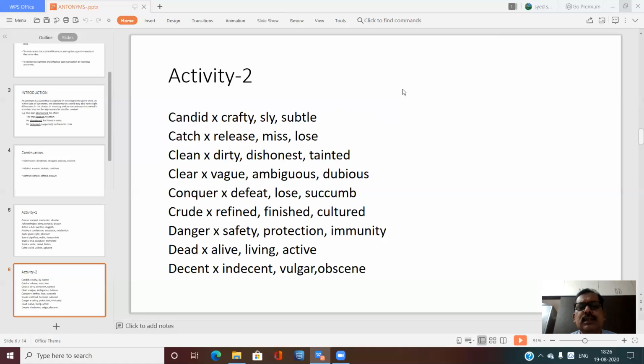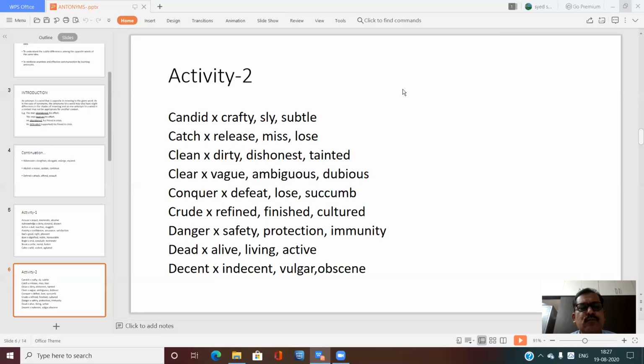The difference is that L-O-S-E, lose, has the past tense lost. The other word, L-O-O-S-E, loose, means not tight, as regards fitting.